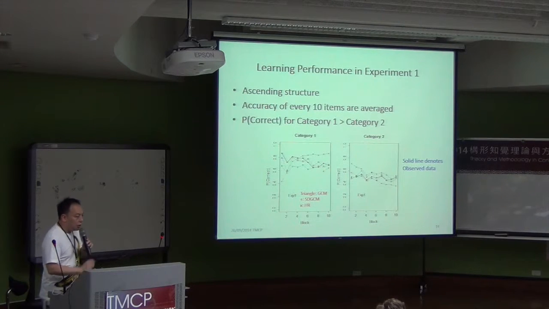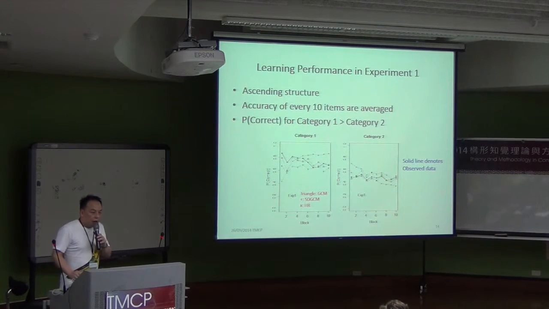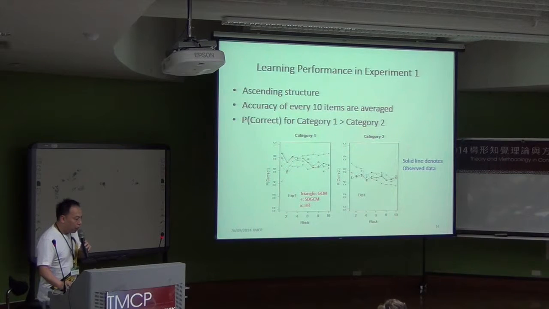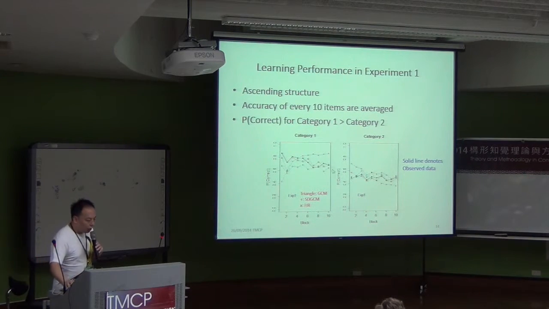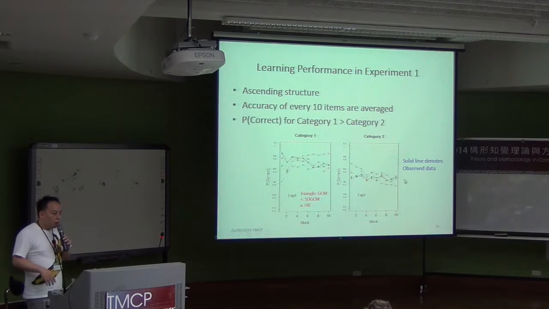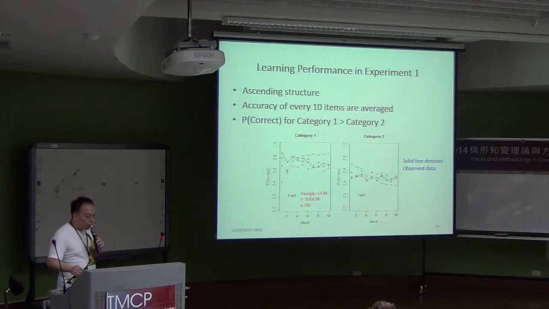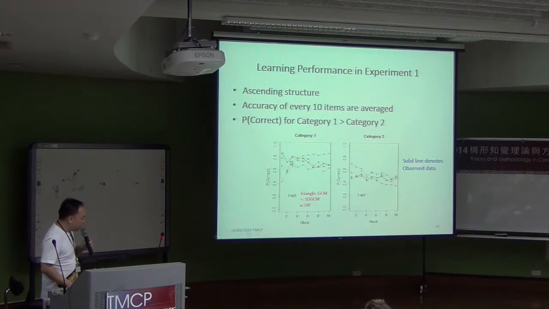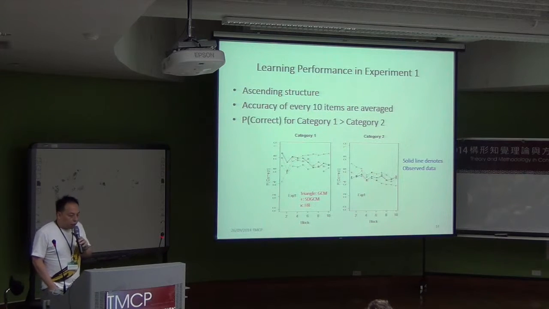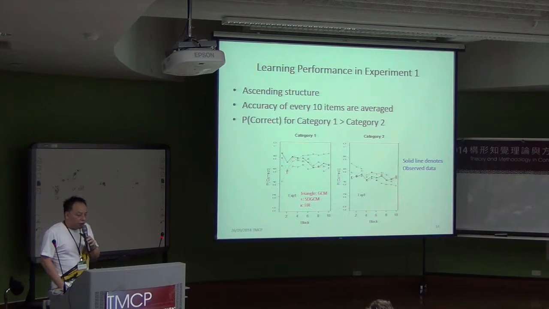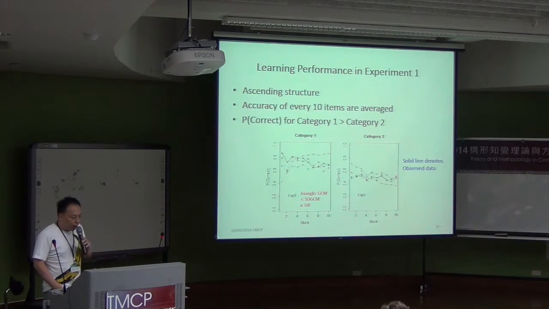Now, this is the learning performance. In experiment 1, the category structure is the ascending structure. We just look at the solid line, because those solid lines represent the subjects' behavior data. Initially we thought that this task would be very difficult to learn, so we didn't expect that people could learn well.